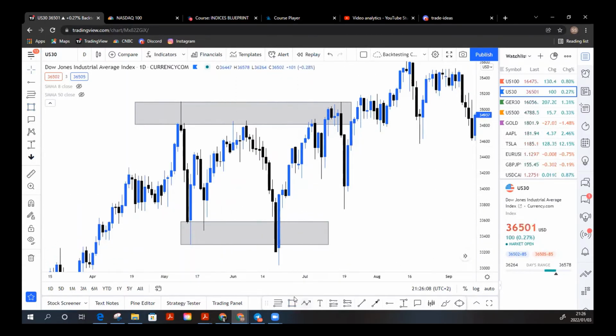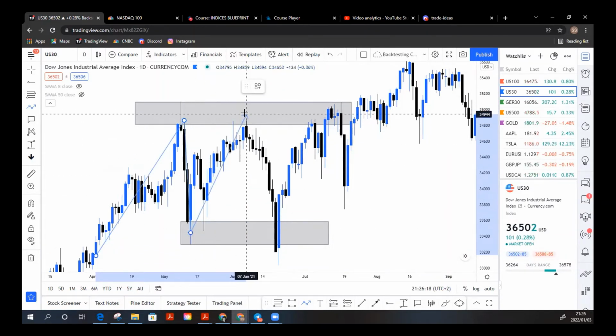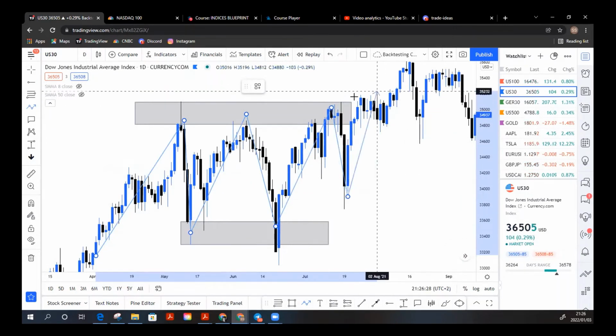So notice how price now ranges between. Once it hits the resistance, it drops to the support. From the support, it climbs to the resistance. From the resistance, it climbs back down to the support, and then shoots back up to the resistance, drops off, breaks the resistance.